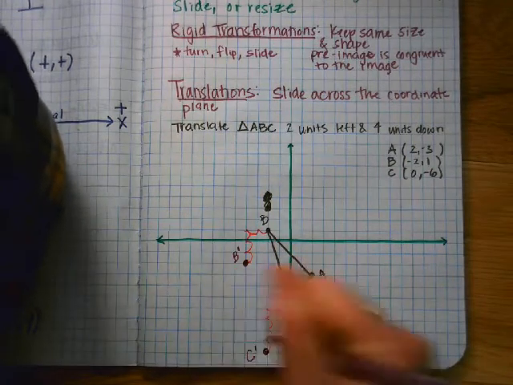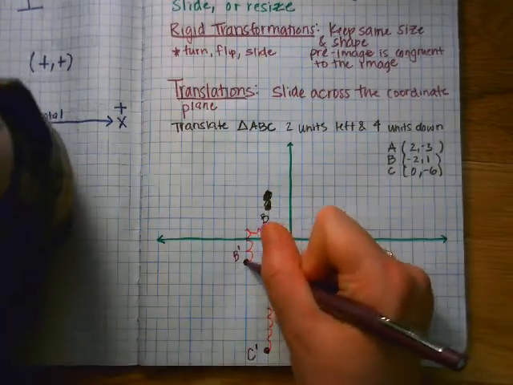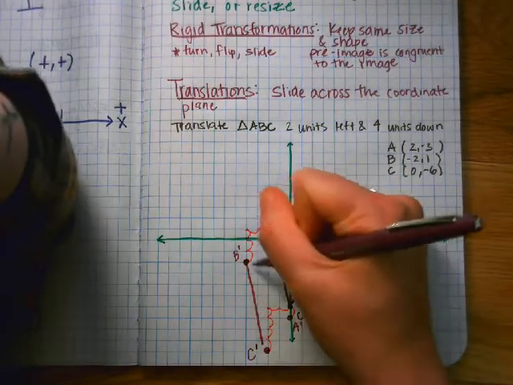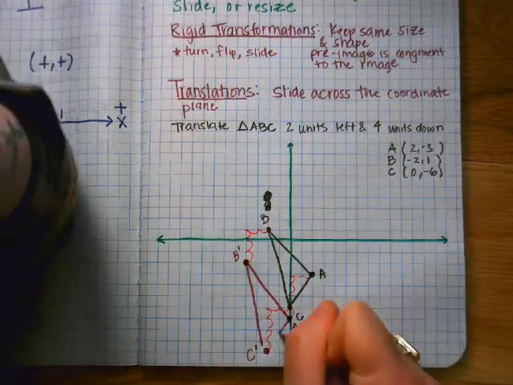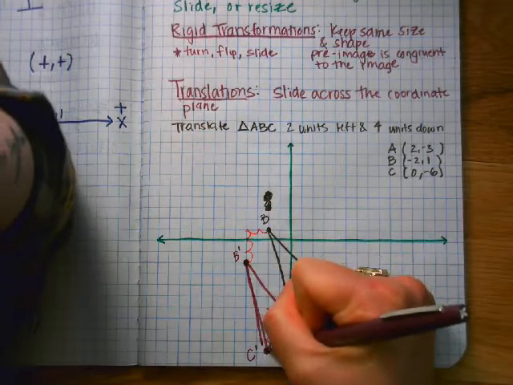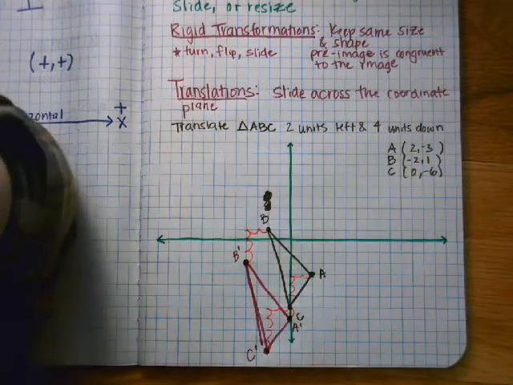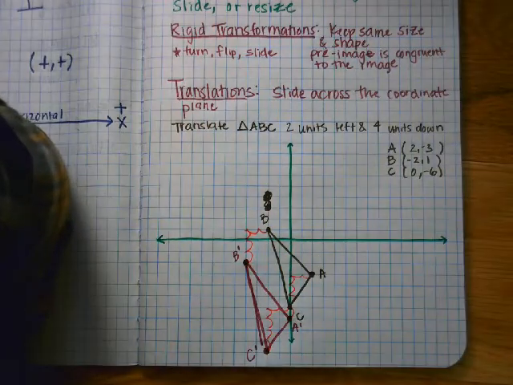And that's our C prime, okay? And then we just connect our dots. And you have your translated image.